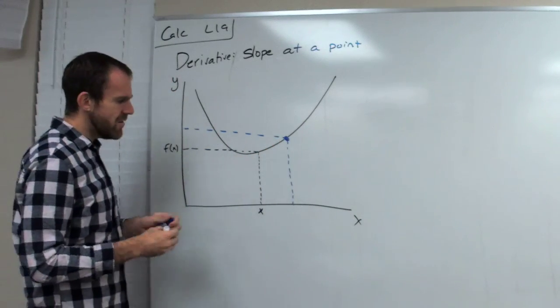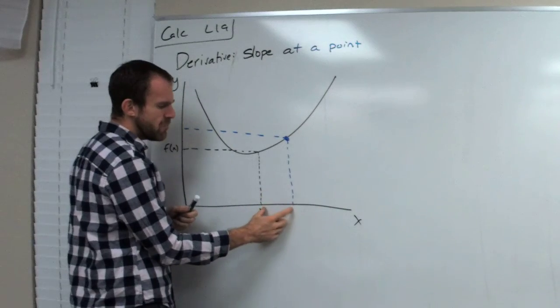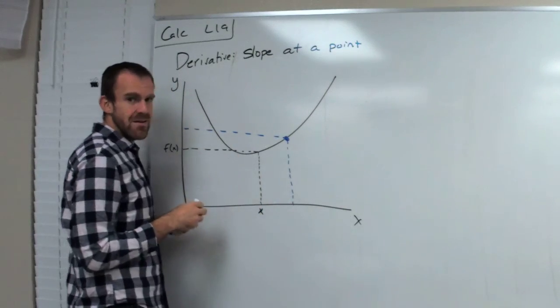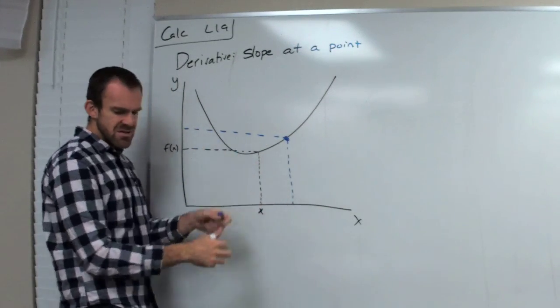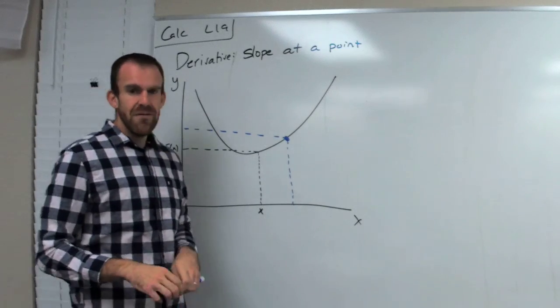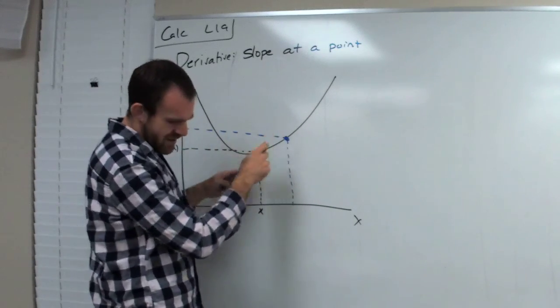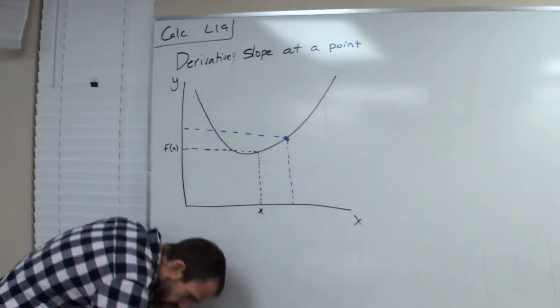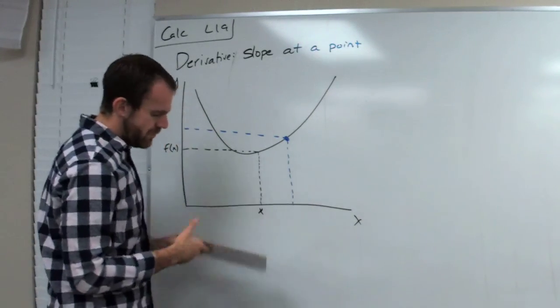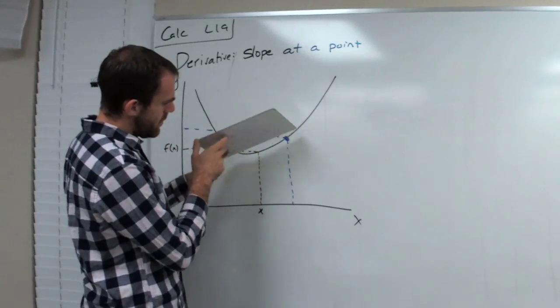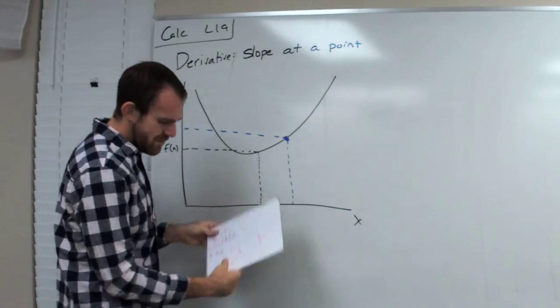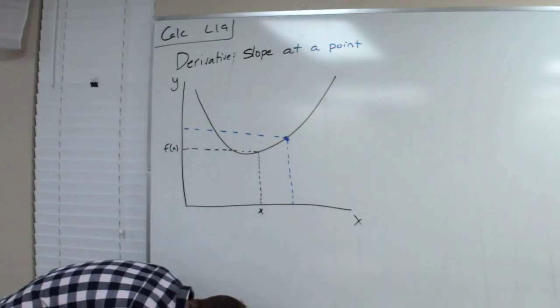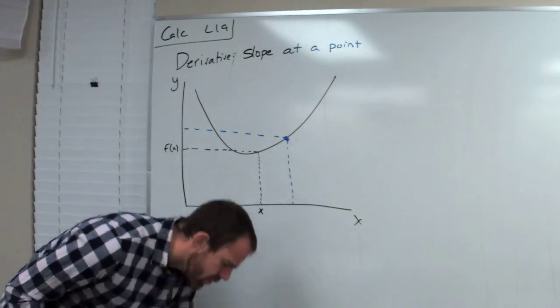Easy enough, right? What's the problem? Well, this point is kind of far away from that point. And so I'm going to get a skewed slope. In fact, if I were able to take a straight edge of some sort and put it up against my, wow, that is a messy whiteboard. Let's choose a non-messy whiteboard. There we go.